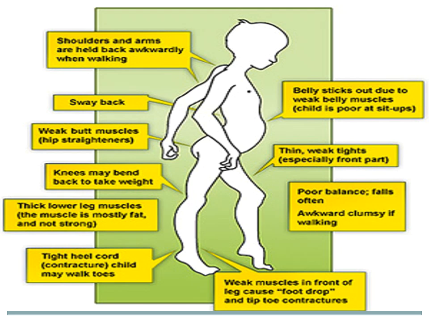What are the changes present in a muscular dystrophy patient? The shoulder and arms are held back abruptly when walking. While walking, the shoulder and arms are pushed back, and so there is a form of lordosis.